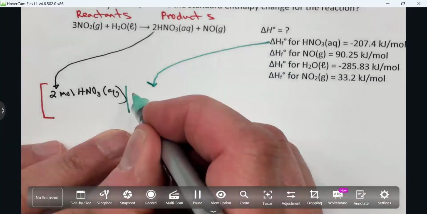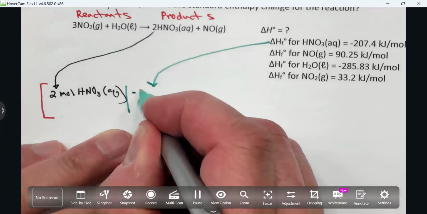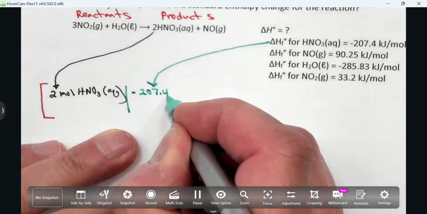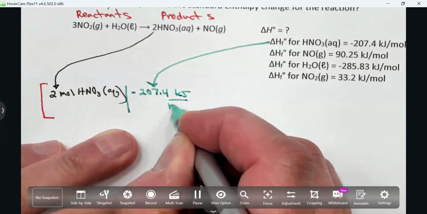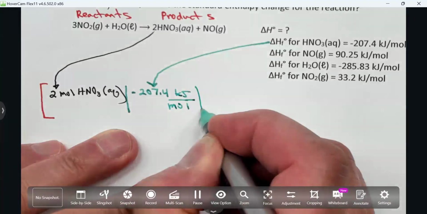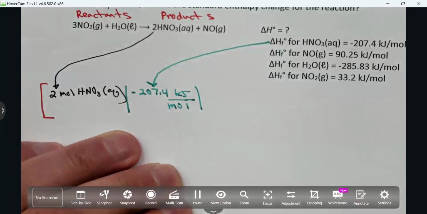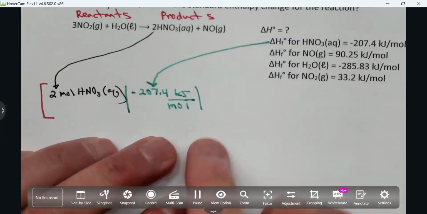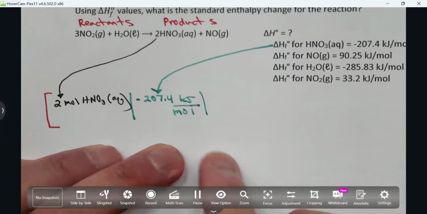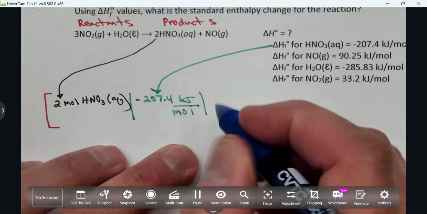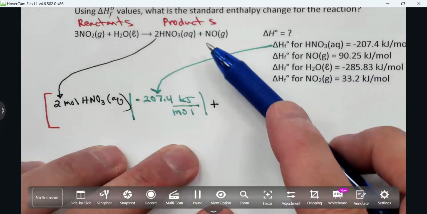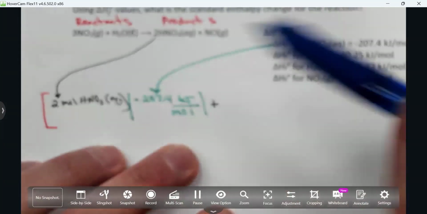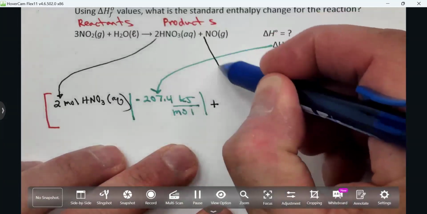It is negative 207.4 kilojoules per mole. Plus, how many moles of nitrogen monoxide? What number's right there?